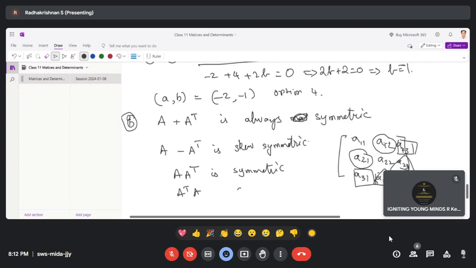Which are all symmetric and which is not symmetric? Option 4, because it is skew symmetric. So A minus A transpose is not symmetric because it is skew symmetric. Okay. So option 4 is the answer.